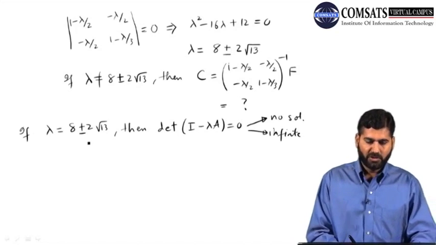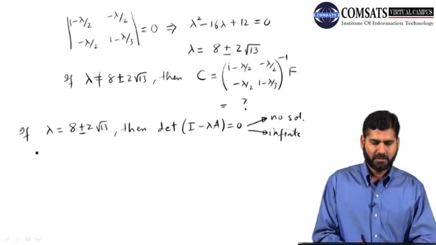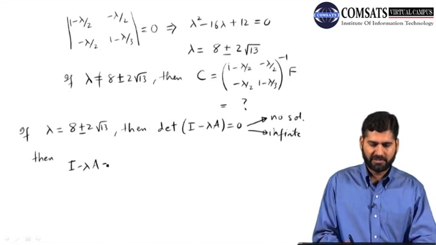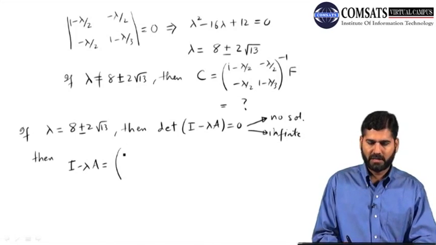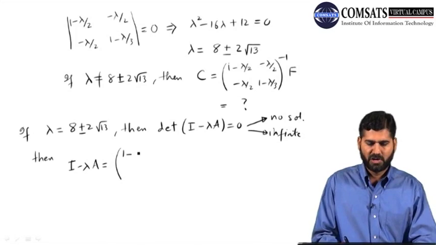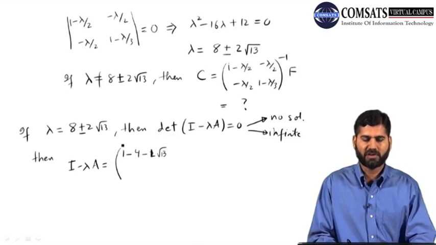Now see, with these values your determinant will become zero, and I minus lambda A will have this form. 1 minus lambda by 2 is 1 minus 4 minus 2 square root of 13, then lambda by 2, which is 4 minus square root of 13, because you divided by 2.